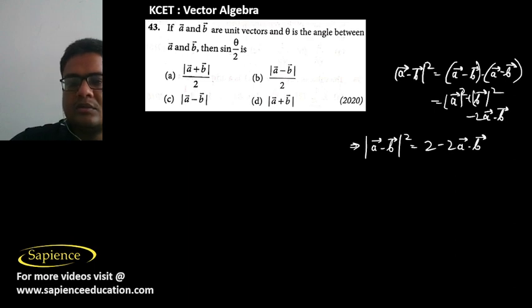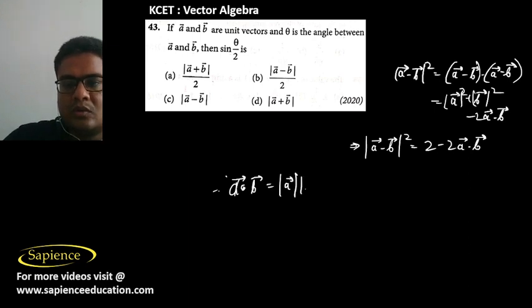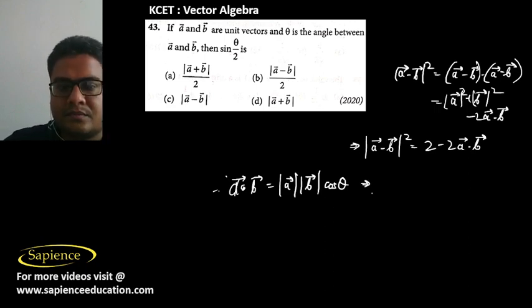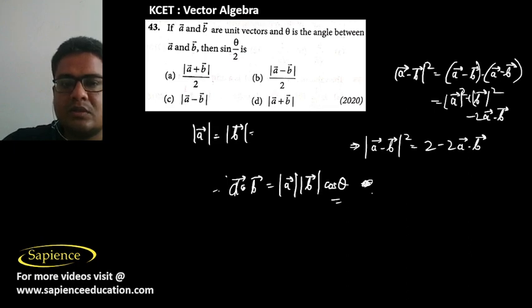Now a vector dot b vector is equal to mod a into mod b into cos theta. Since a and b are unit vectors, mod a equal to mod b, that is equal to 1.